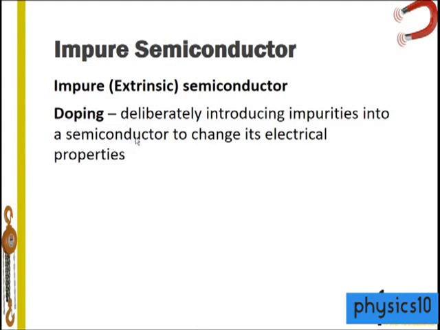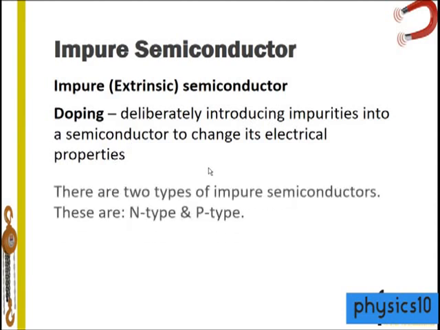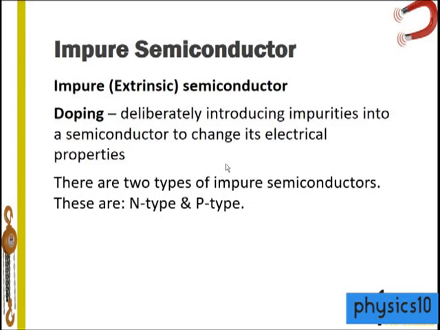And doping is the deliberate introduction of an impurity into a semiconductor which changes its electrical property. Now, there are two types of impure semiconductors, depending on the nature of the impurity that's introduced into the intrinsic semiconductor. And these two types are called N-type and P-type.